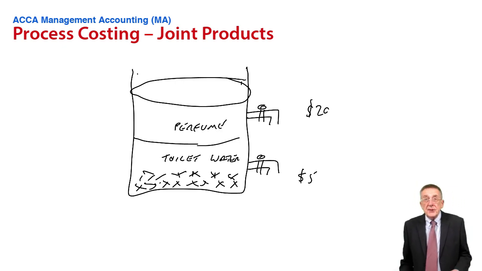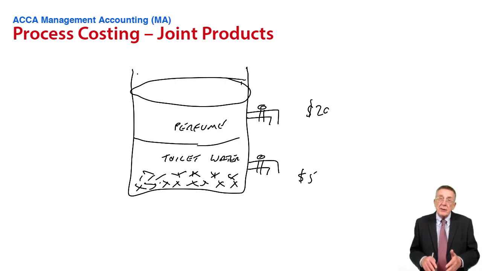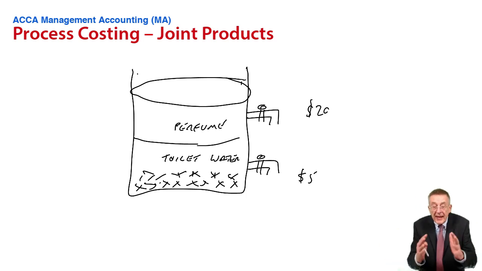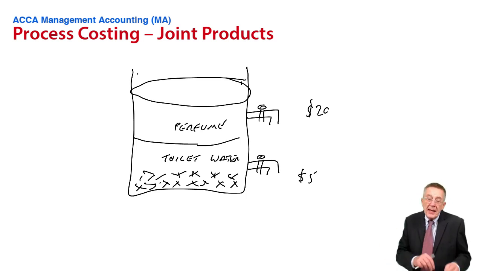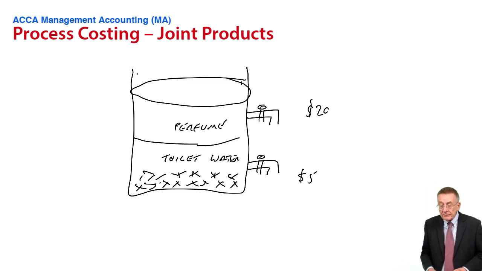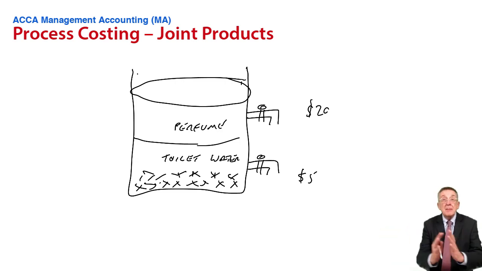And the question is, how are we going to get the cost per unit for each of them separately? In a sense, we can't, because they're made together. You can't say this bit of the flowers is a cost of perfume, this bit of the flowers is a cost of toilet water. We've got two separate products, but they're being made together.